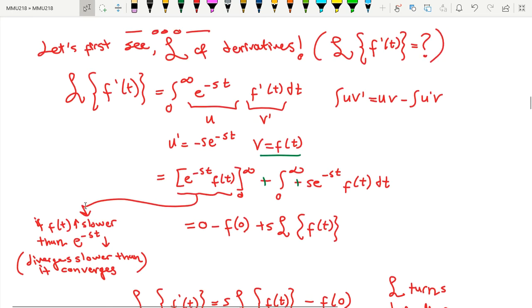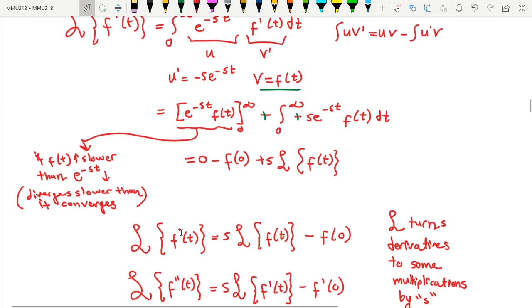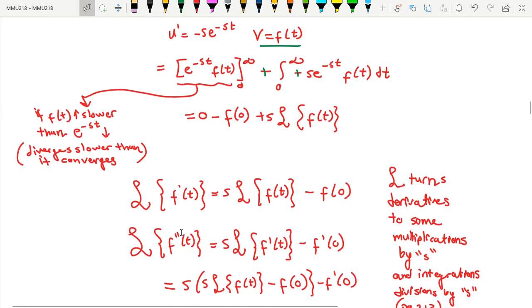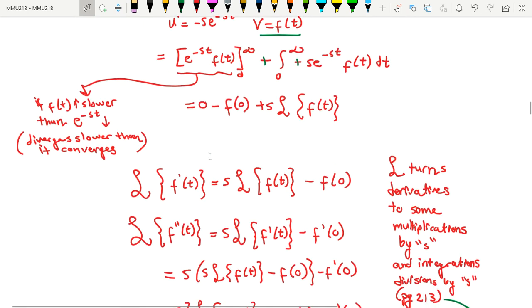And this is only true if f of t is increasing or diverging slower than the exponential is converging. So that's some condition, but it's generally met, so you don't have to worry about it. So if I rewrite the Laplace of f prime t, it's going to be s times Laplace of f of t minus f of 0, which is the initial condition.